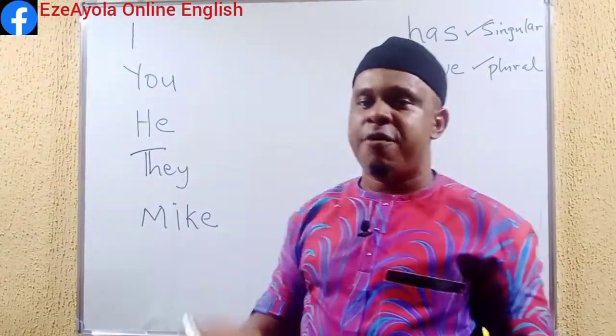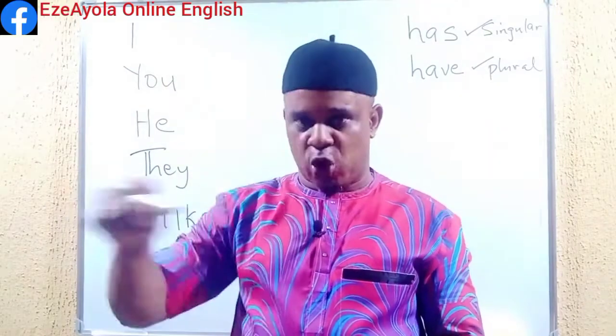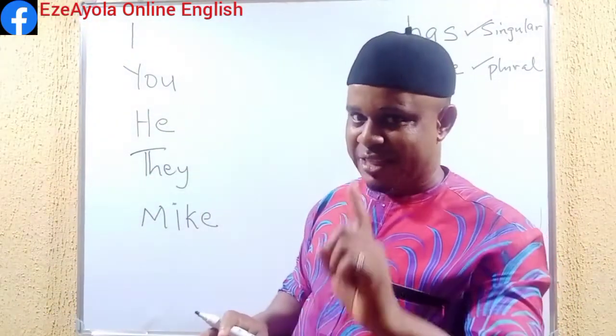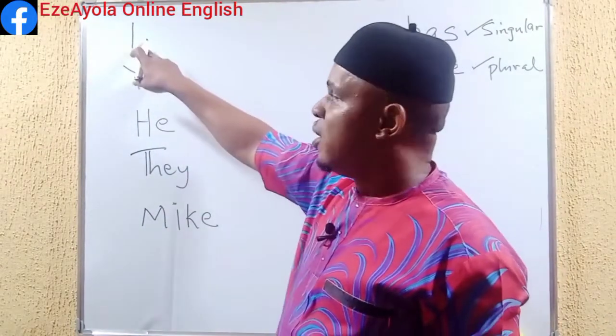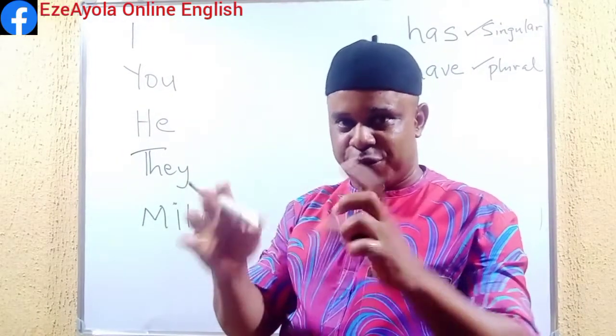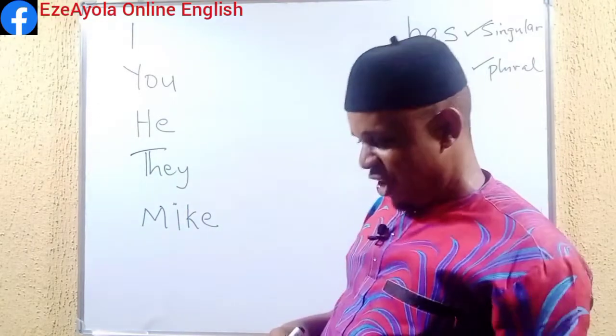I am referring to you, all of you over there. I'm talking to you. You now see that you can be used as singular. You can also be used as plural. But I is just for one person, myself, I replacing my name.